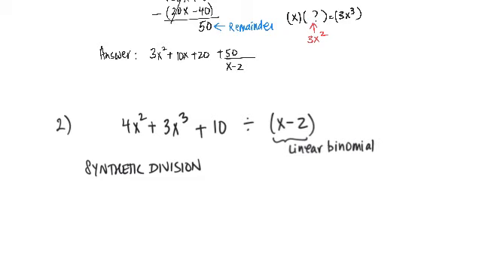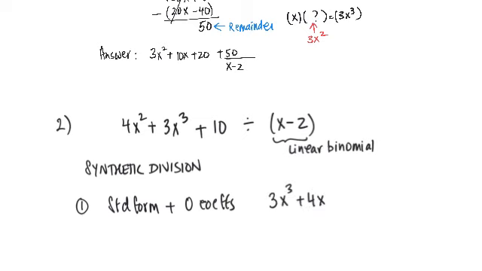And the way we do it is in this way. We begin by taking the polynomial, putting it into standard form, and zero coefficients, we do the same thing we did in the first step of long division. So we're going to write it as 3x cubed plus 4x squared plus 0x plus 10.